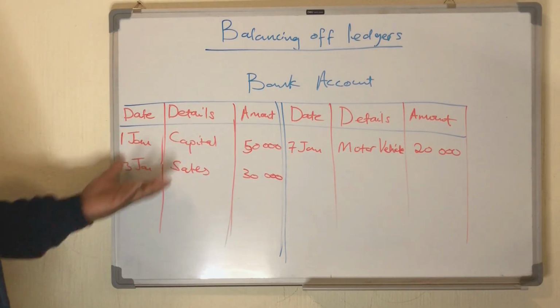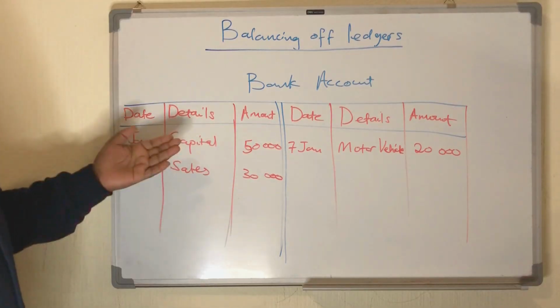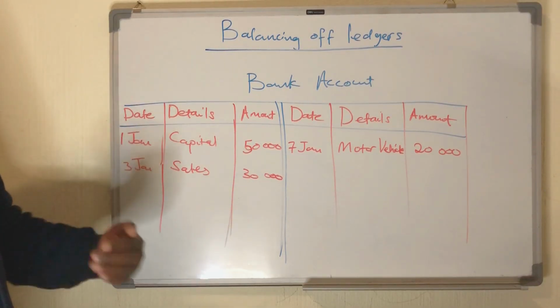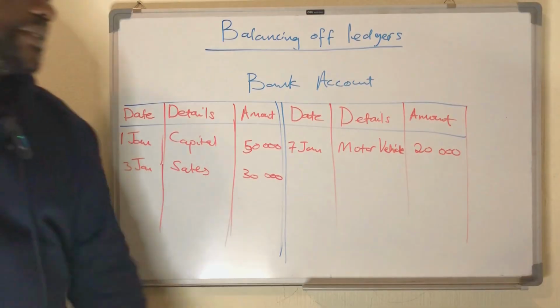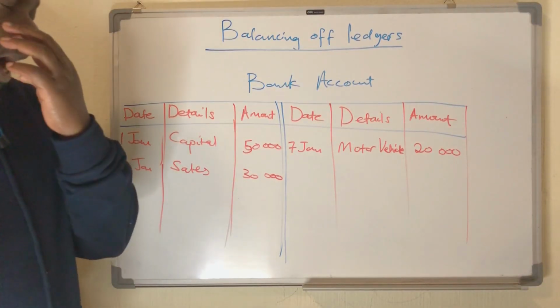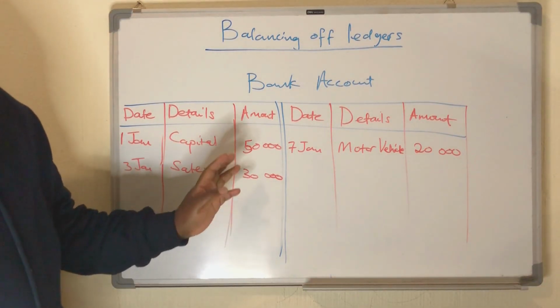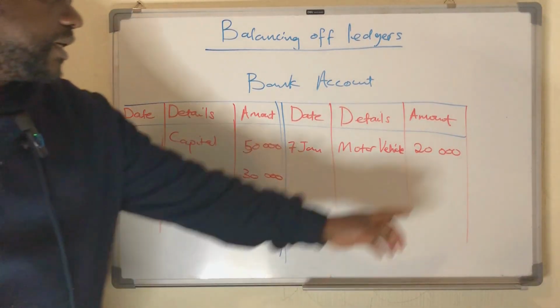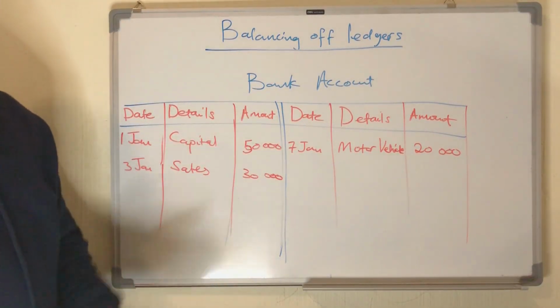So the debit side in our bank account is telling us the money that came into our bank. Then the credit side is showing us the money that was actually leaving our bank.